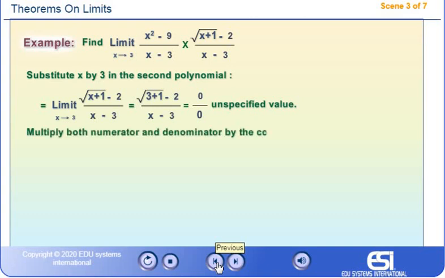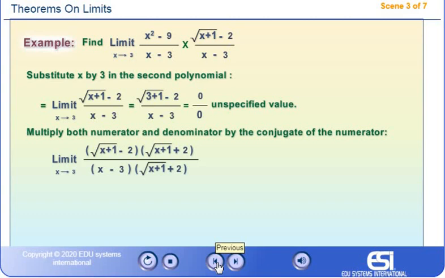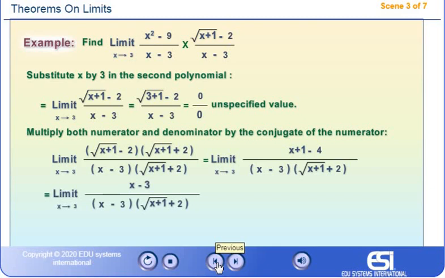Multiply both numerator and denominator by the conjugate of the numerator, we get limit square root of x plus 1 minus 2 times square root of x plus 1 plus 2 over x minus 3 times square root of x plus 1 plus 2 as x tends to 3 equals limit x plus 1 minus 4 over x minus 3 times square root of x plus 1 plus 2 as x tends to 3 equals limit x minus 3 over x minus 3 times square root of x plus 1 plus 2 as x tends to 3 equals limit 1 over square root of x plus 1 plus 2 as x tends to 3 equals 1/4.